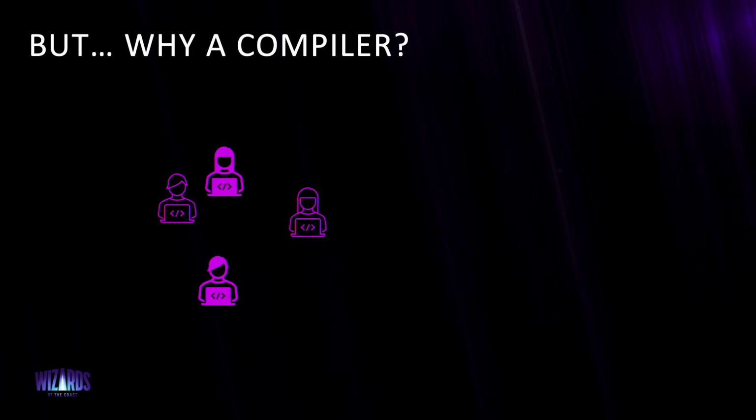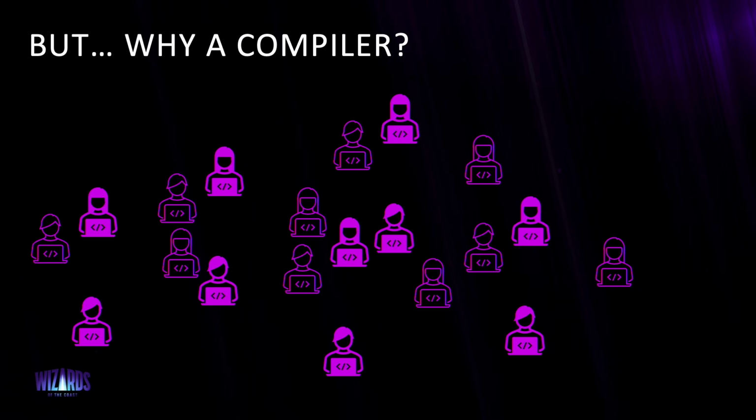Well, we said earlier that there were about 2,000 cards last year, so we need up to 4 times as many engineers to handle that many cards. But we also have a huge backlog. We have tens of thousands of cards that already existed, and we want to be able to support at least some subset of those. And what if we need to refactor some of our code?